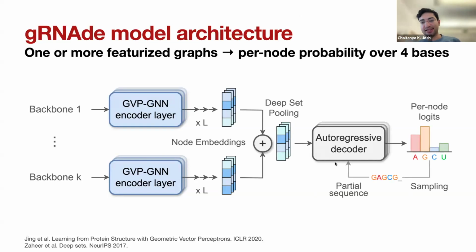You pass this to an autoregressive decoder, which per node produces logits, some probabilities, from which you sample and select the identity of the base. You do this step repeatedly to design your sequence in an order that goes from the 5 prime, the leftmost end of your RNA, to the 3 prime, the rightmost end.